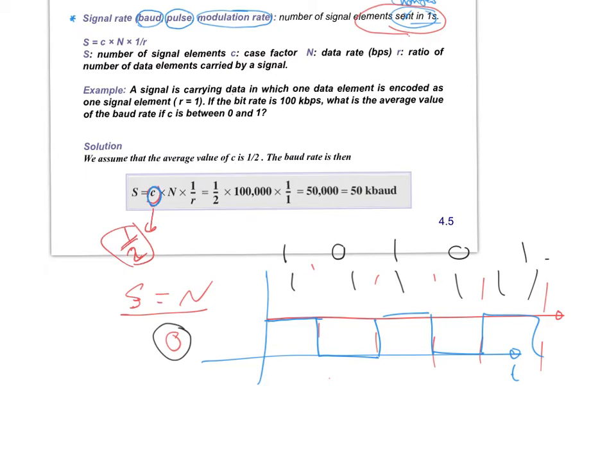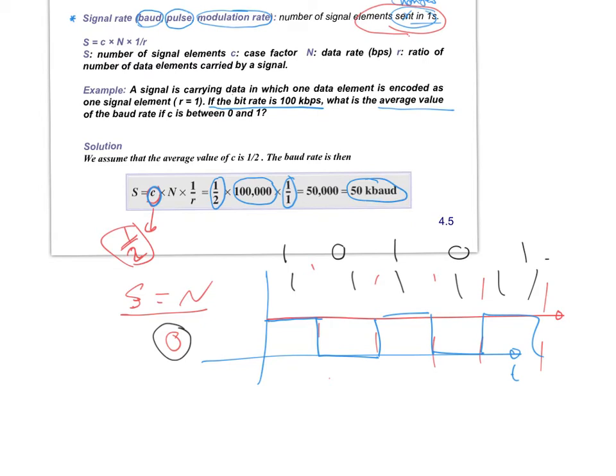So if we assume that the case factor is half, for a signal that has digital bits with a rate of 100 kilobits per second, what is the average value of the baud rate, or the signal rate, or the modulation rate? It's actually c, which is half, multiplied by N, multiplied by 1 over r, which is 1.